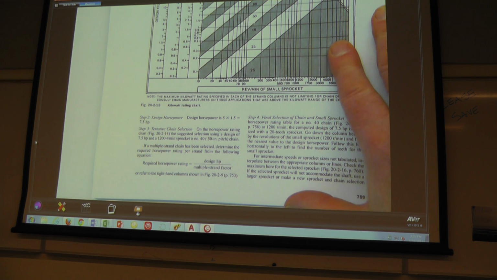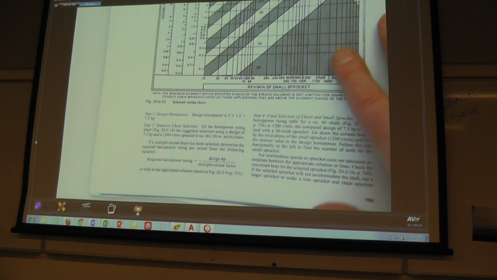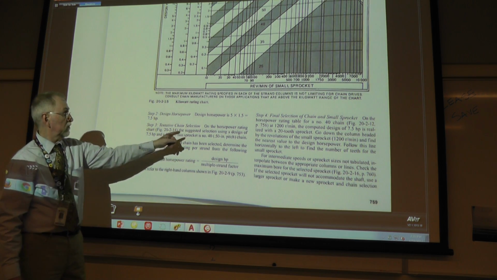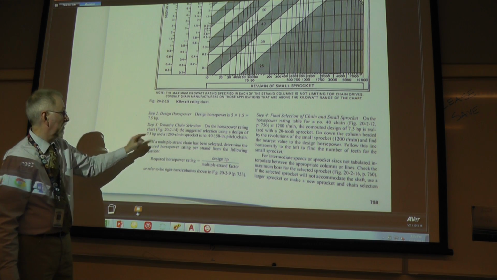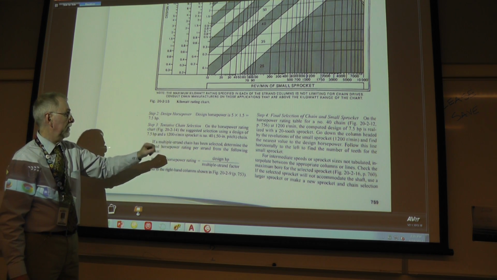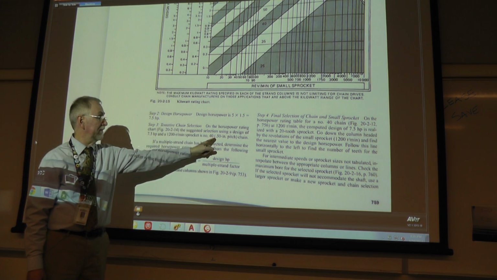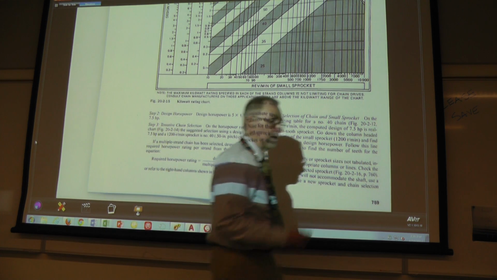You take your 5 horsepower, the original horsepower, multiplied by 1.5 to get 7.5 horsepower. Now you start looking at your chain selection, which is going to ultimately lead you to finding out what the number of teeth are. On the horsepower rating chart, the suggested selection using a design of 7.5 horsepower and 1200 RPM sprocket is a number 40 chain or a 1/2 inch pitch chain.